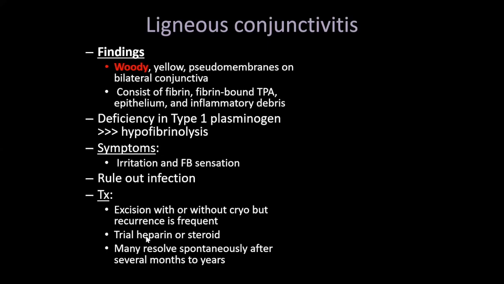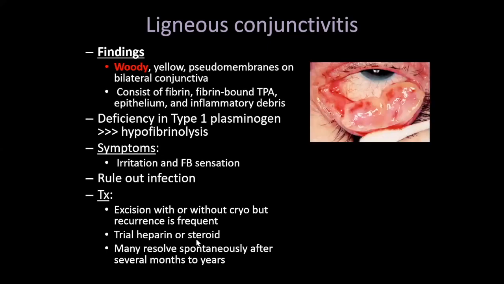Trials of heparin and steroids have been recommended, though have not always proven effective, and many resolve spontaneously after several months to years. So this is the ligneous pseudomembrane that often is seen in this condition. Quite a thick one, and it's a composition of all these, the list here.